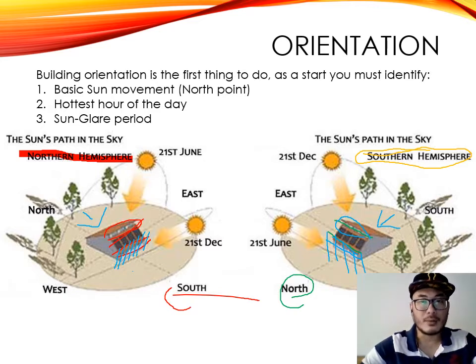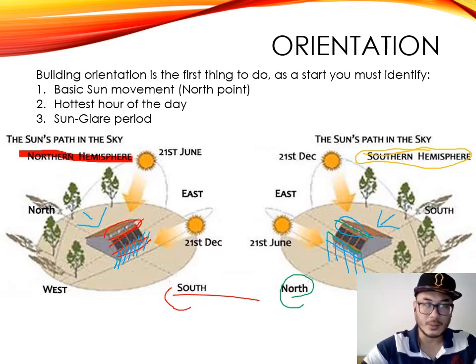Okay, then what about buildings on the equator? For example, Malaysia is very near to the equator, although the location of Malaysia is slightly in the northern hemisphere. When you are on the equator, the sun goes from the east to the west of the building, and also on the top of the building.